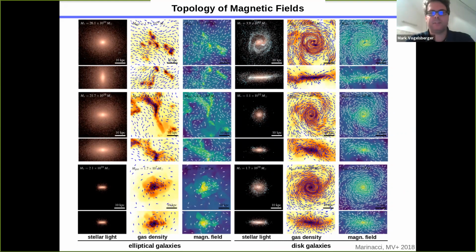You see elliptical galaxies on the left, and on the right a few examples of spiral galaxies. In the middle panel, you always see the gas density and the velocity field. And on the right, the bluish panels are the magnetic field strength, and on top of that the topology of the magnetic field. This is just to illustrate that you can now see very detailed structures in the magnetic field.